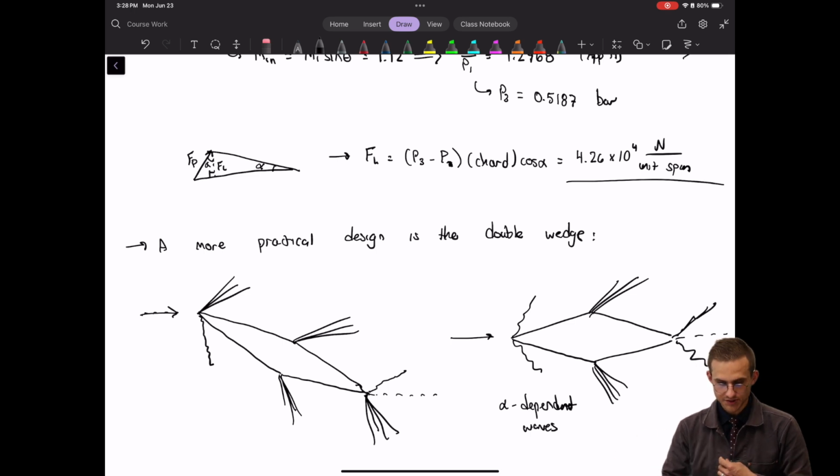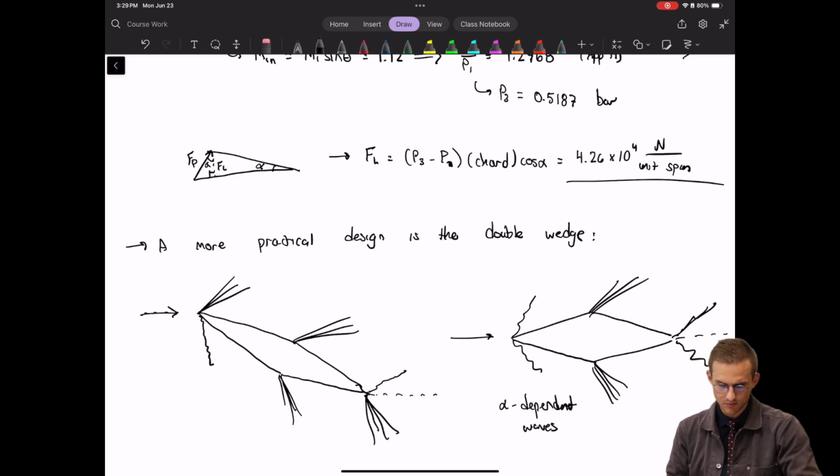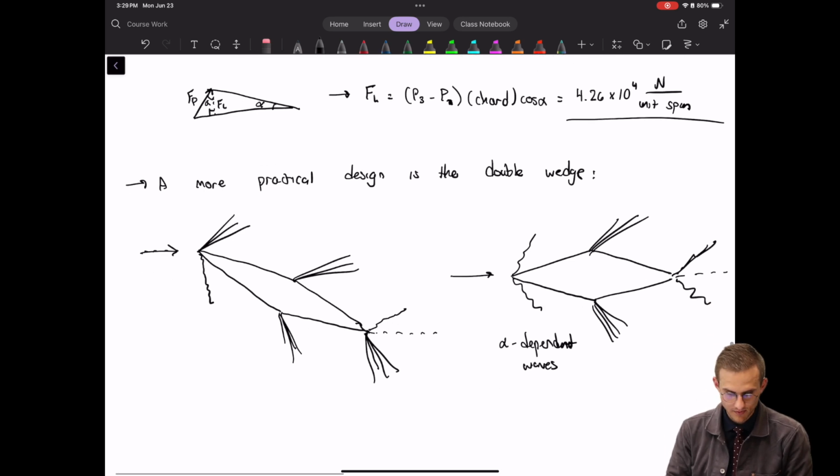There's a direct relationship between whether or not you have an expansion or an oblique shock on the top, and I think you go through that in detail on your homework, so we won't do it in detail right at the moment.